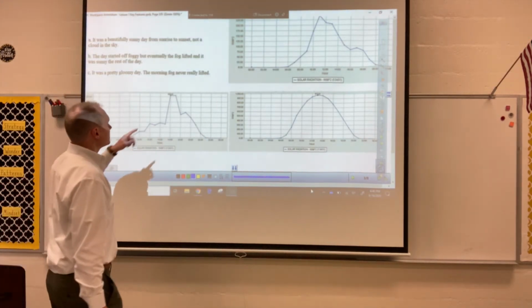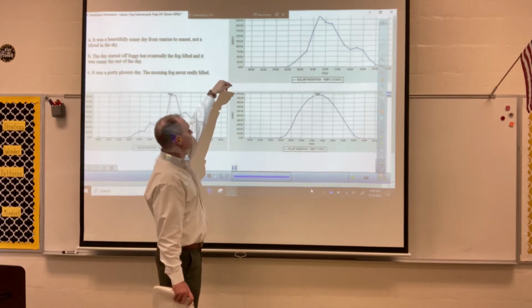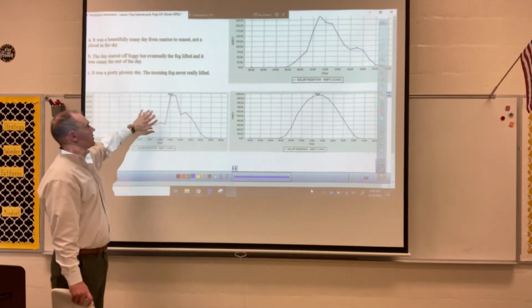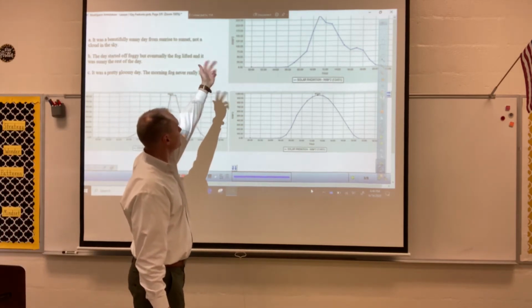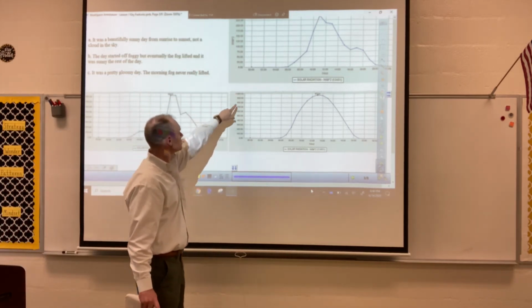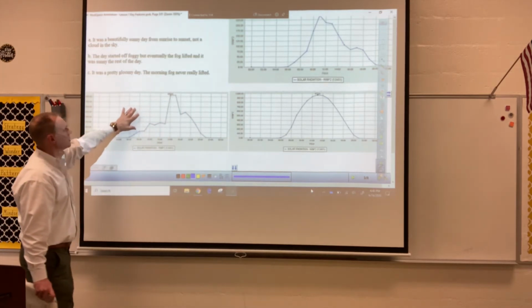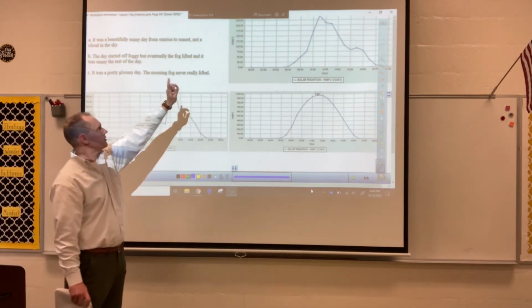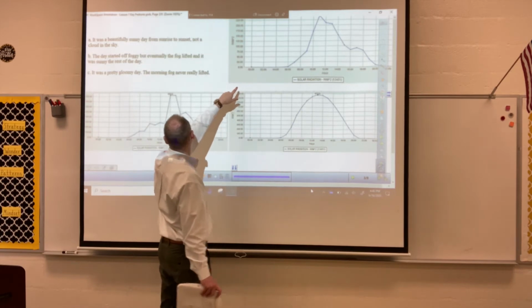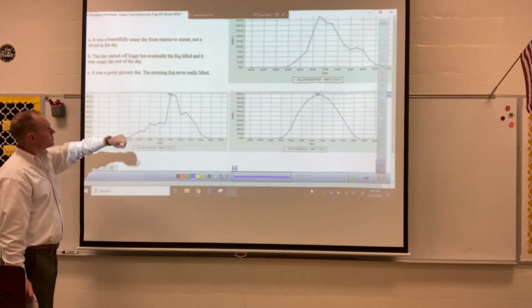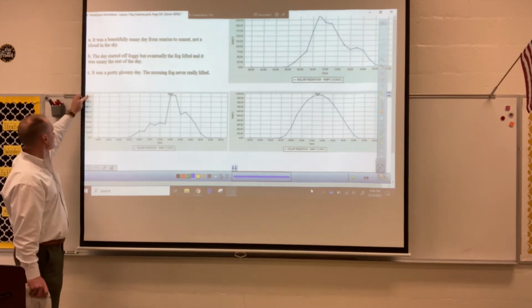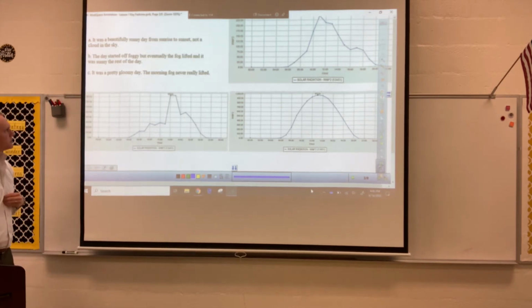All right, so since this scale is so much smaller than some of these other ones, that means the maximum of that one only reaches about maybe 225, 250, which is much lower than either of these. So you might figure out that this one is C, the gloomy day. And then if you go down to these two, these have pretty much the same scale, maybe a little bit different, but overall pretty similar.